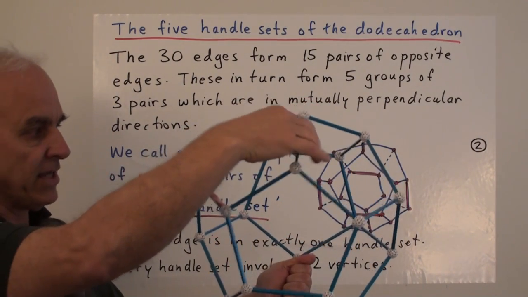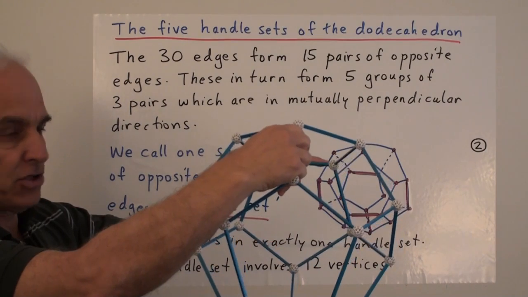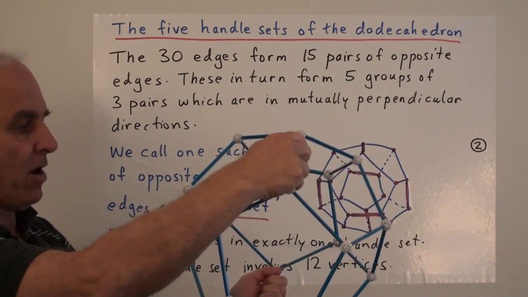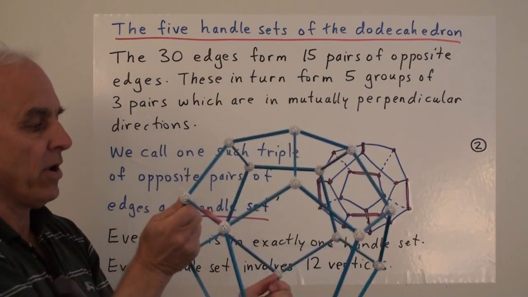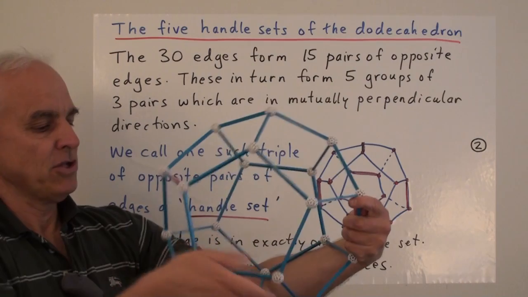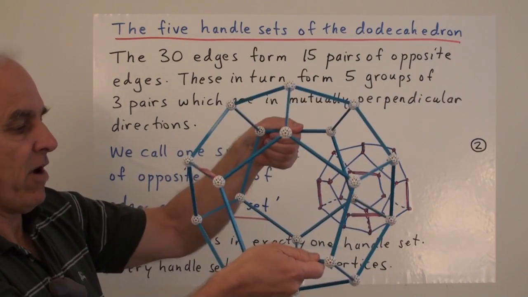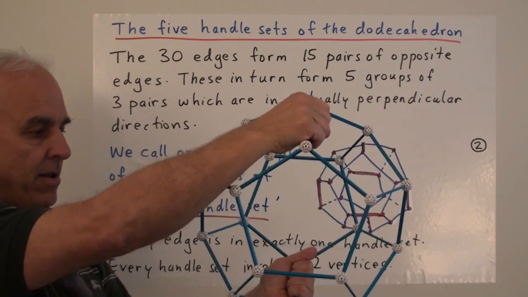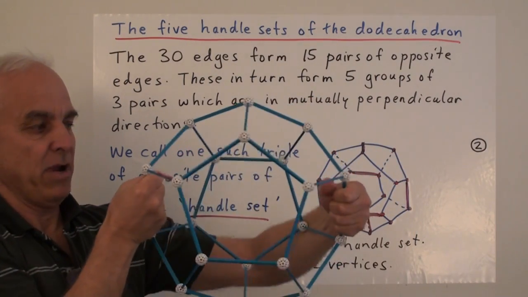The direction of this edge is perpendicular to the direction of the edge of the one that we started with. And then along with that, there's also this pair of opposite edges. Okay, so there's this pair of opposite edges and this pair as well as this pair.